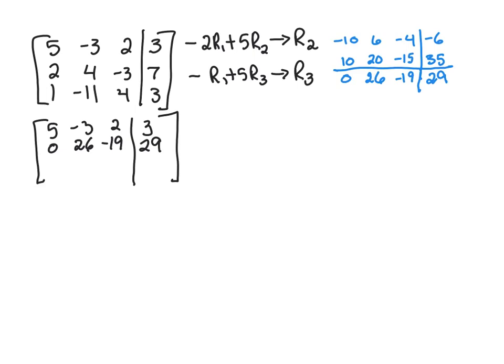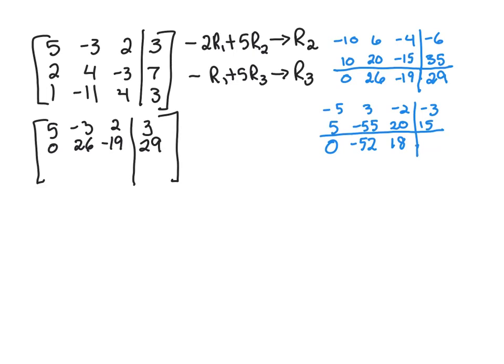So I'm going to do negative row 1, which is going to be -5, +3, -2, -3, and 5 row 3's, which is going to give me a +5, -55. 5 times 4 is 20. 5 times 3 is 15. I'm going to combine these and get -52, which looks right since we've done this already.